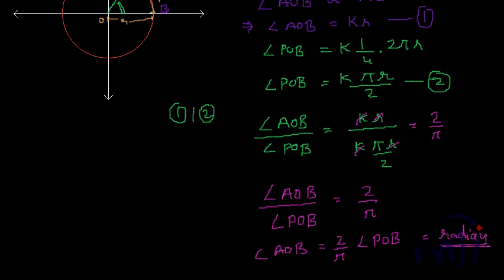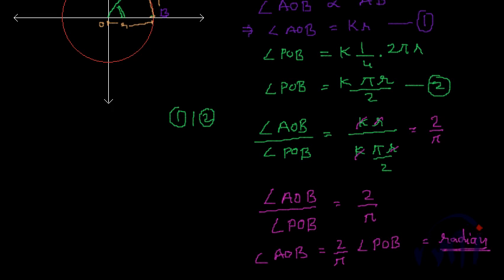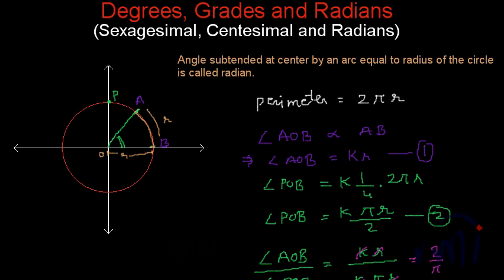Whatever radius you take, the angle subtended by the radius at the center of the circle is always going to be a constant, and this is named 1 radian. So here we have got 1 radian is equal to 2 by pi times a right angle. 1 radian is 2 by pi times a right angle.